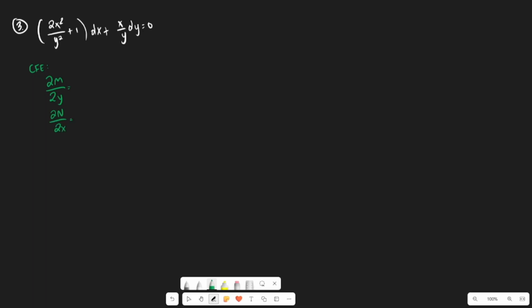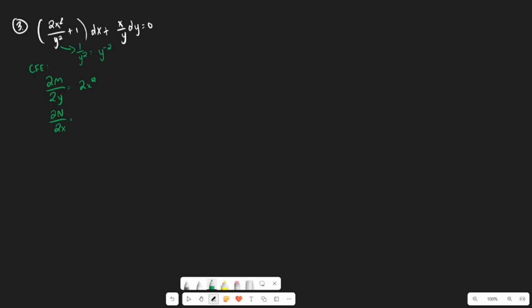Now when getting the partial derivative of M with respect to y, let's start with this first. Let's factor out the 2x squared, since that is the constant part. Then we get the derivative of 1 over y squared, which we can rewrite as y raised to negative 2.